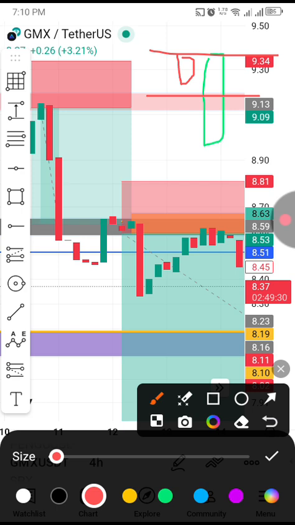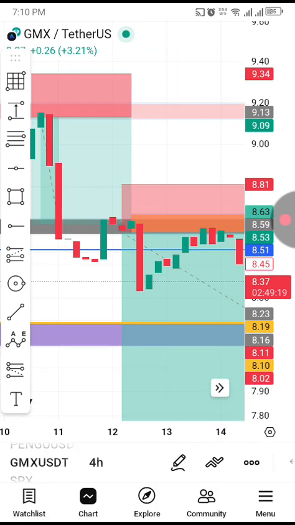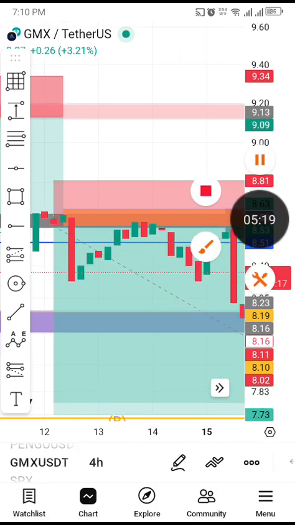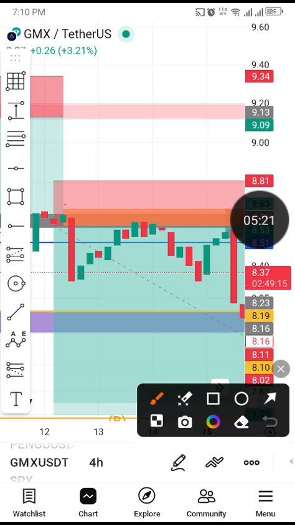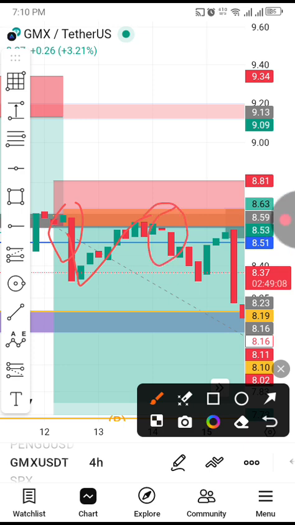That means you will wait for it to come back, then you go down, or you can enter aggressively. But my way, many times I wait for it to retest. You can see for here I entered, but again it came and retested. So my entry was like here, then it tried again to go back.